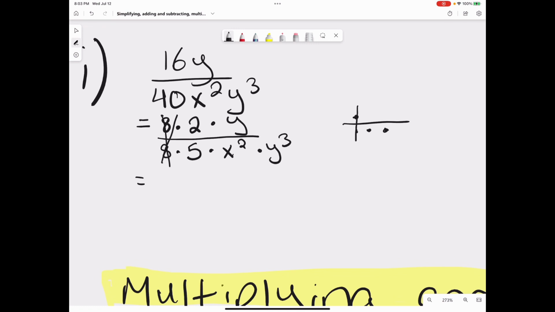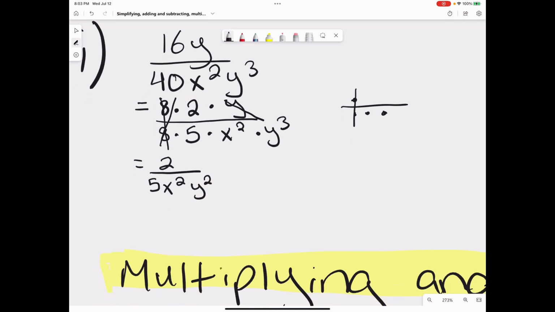So we're going to eliminate these, and we're left with 2 y's at the bottom. So your final answer is going to be 2 over 5x to the power of 2. And because there are more y's on the bottom than on the top, you're going to have y to the power of 2 at the bottom.